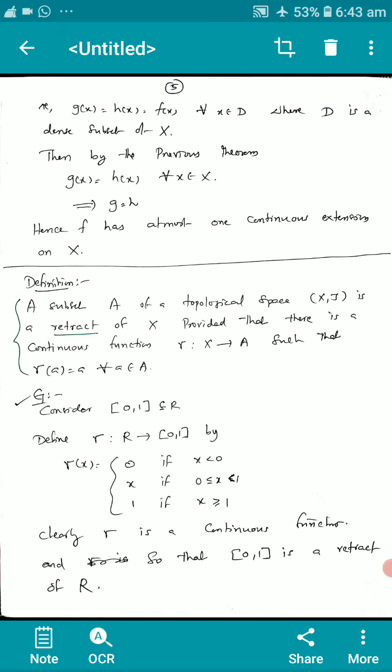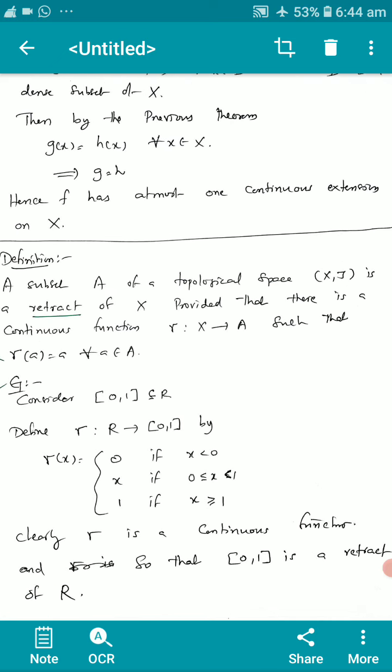So on the space D they agree, that is, g(x) equals h(x) equals f(x) for every x in D, where D is a dense subset of X. Then by the previous theorem, we have proved g(x) equals h(x) for every x in X, or g equals h. Hence f has at most one continuous extension on X.